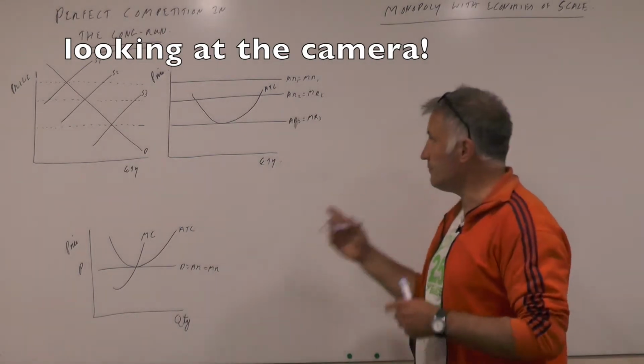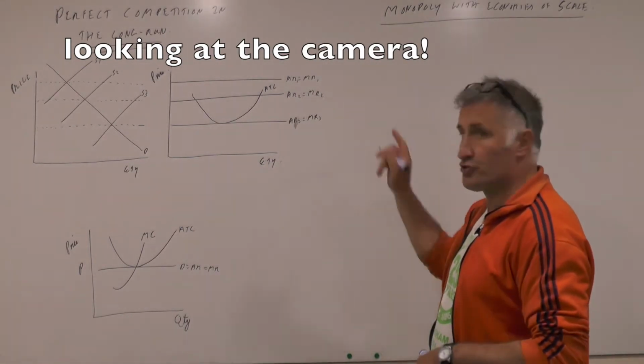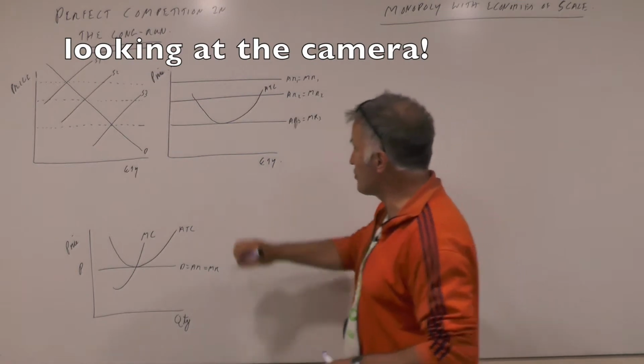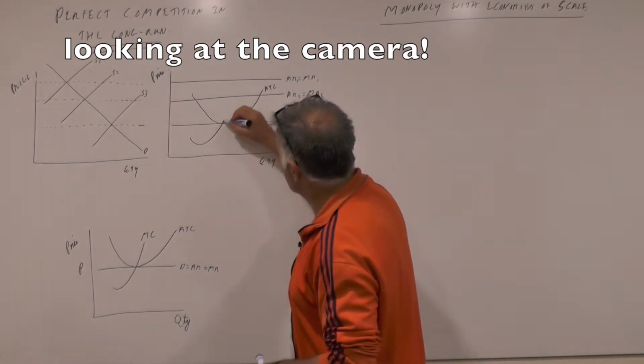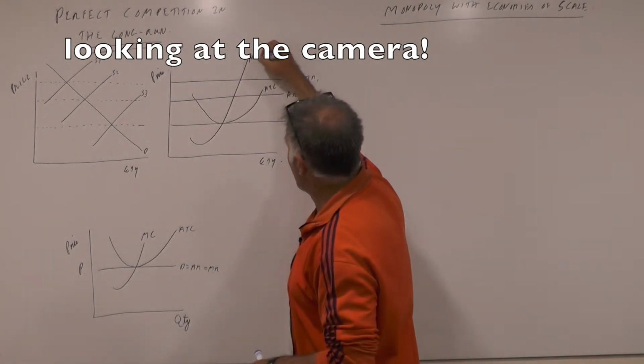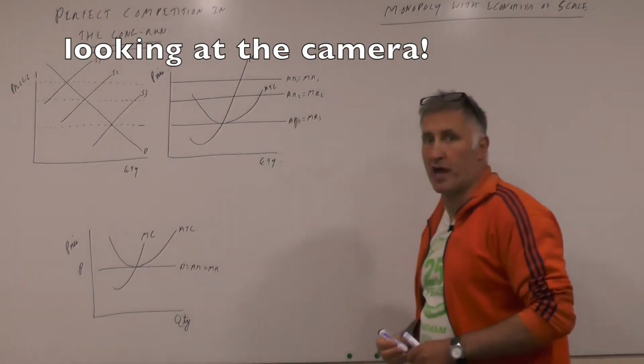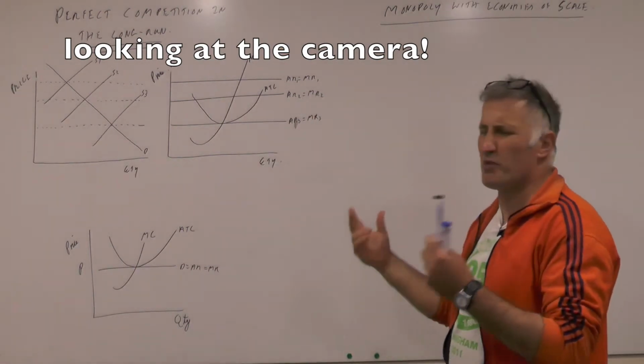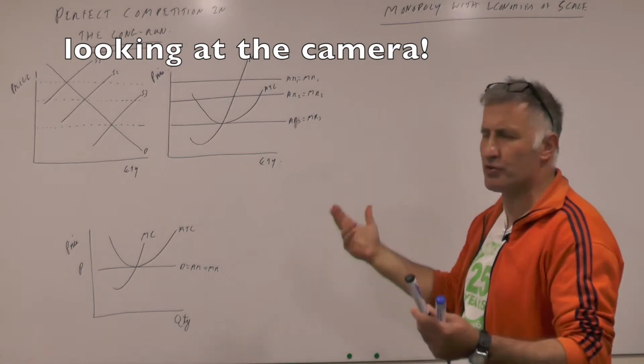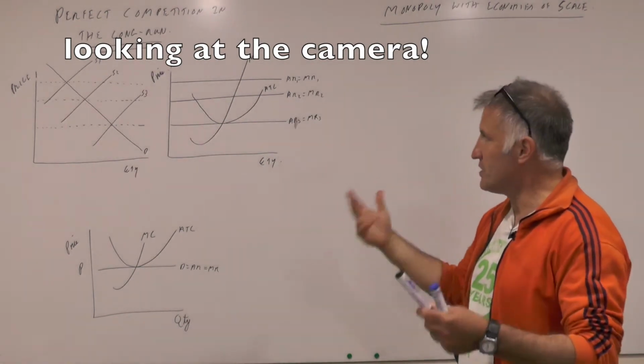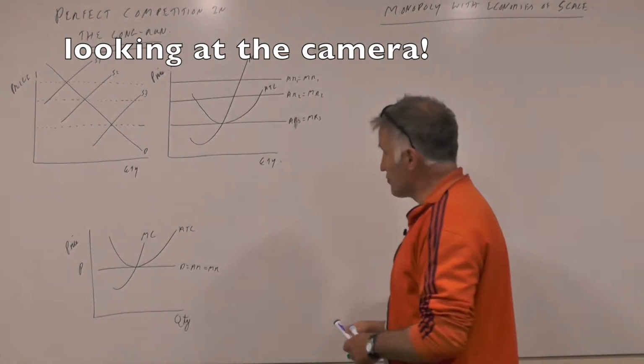All right. And then we also want to draw the marginal cost line also going through the bottom of the ATC line. So we do that, and that's the MC line there. Okay. So this is perfect competition where there's free entry and exit. Every product's exactly the same. It's built upon certain unrealistic assumptions.